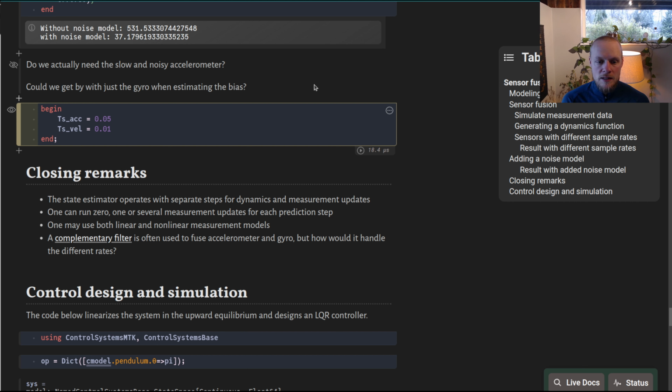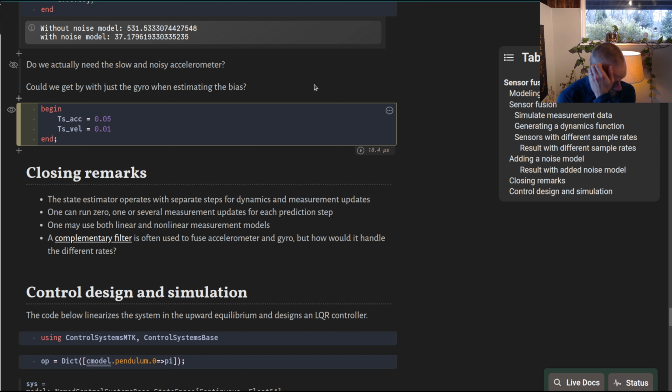And here we used nonlinear measurement models, even though one of the sensors actually had a linear output equation. So we can mix and match. It's possible to use a linear measurement update for a nonlinear state estimator if we would like to. And the last point here is that a common solution for this particular sensor fusion problem, where we have an accelerometer and a gyro, is called a complementary filter.